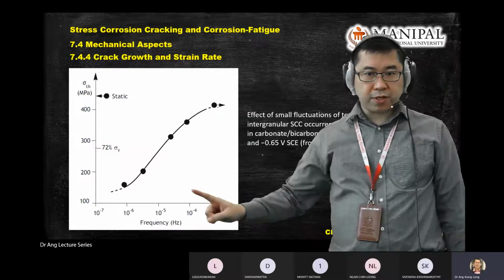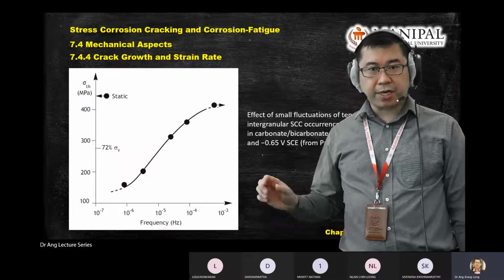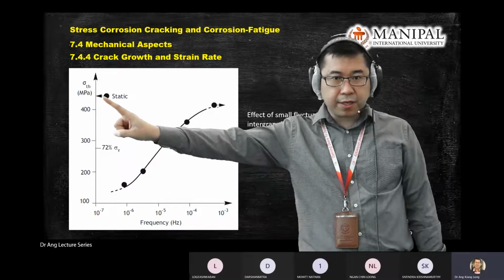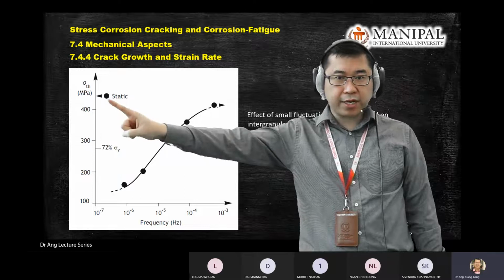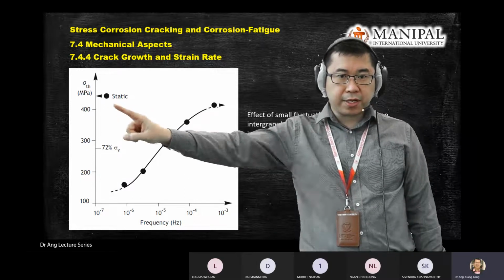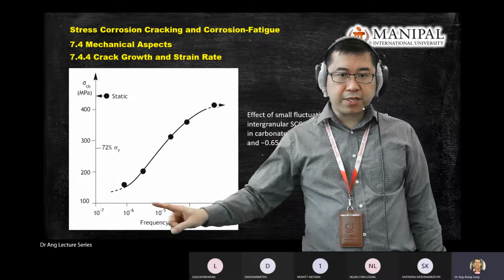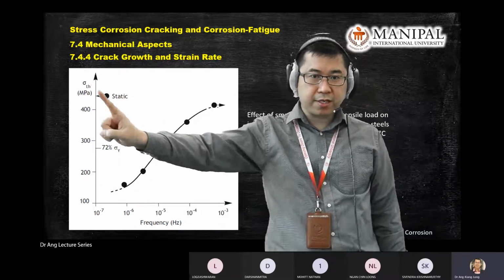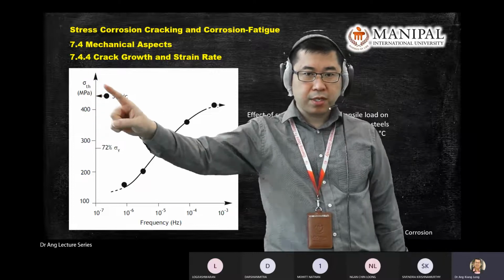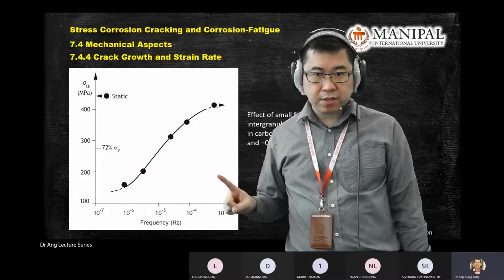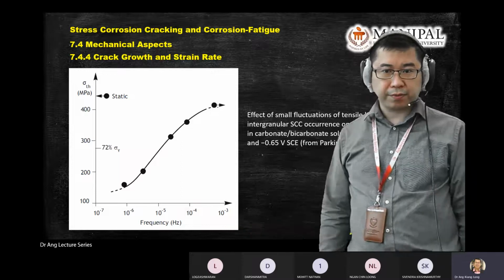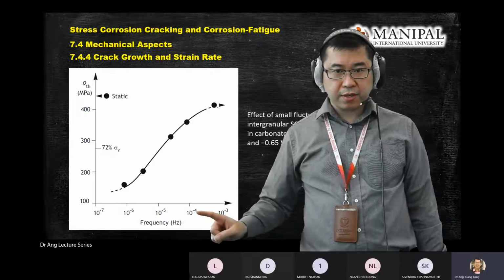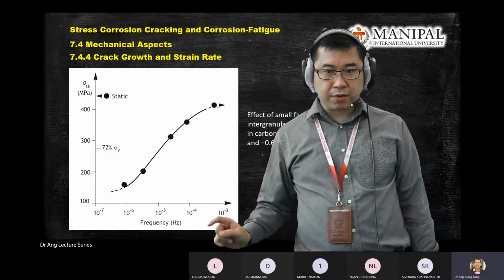Stress versus frequency means there's some shocking happening, and it gives you a point here. Static means there's no shocking. The point is around here, and if you increase the frequency, the threshold, this is stress sub TH, is a threshold. So the threshold increases as you reduce the frequency.